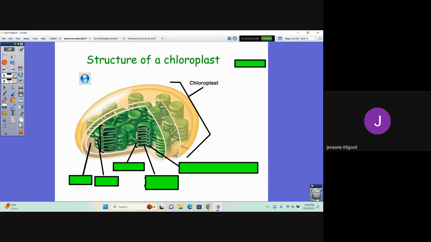Remember that chloroplasts have their own DNA and their own ribosomes because they used to be their own little self-sufficient prokaryotes. Each of these discs, and I can write that bigger in case you can't see that, each of those discs is called a thylakoid.